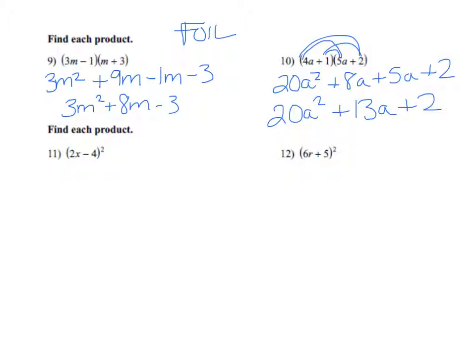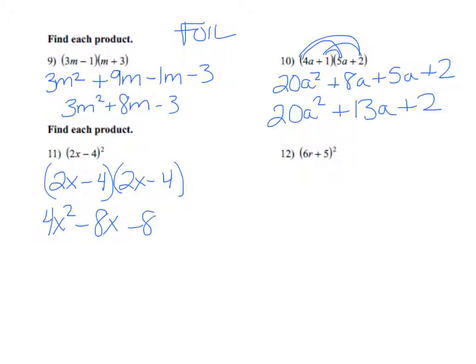Okay, before we jump into that, let's do one more thing with this multiplying that I want to focus on. Whenever we take a binomial and square it, remember that that's like 2x minus 4, and you're going to take it times itself, and then you do FOIL. So first, outer, inner, last.